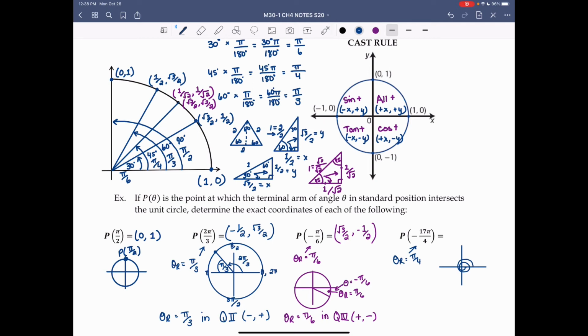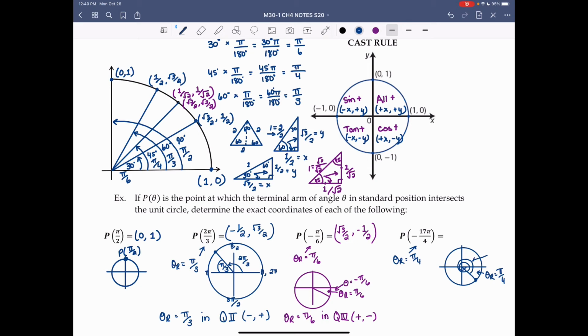And then we just need to go 1 more pi over 4, and that would be negative 17 pi over 4. So we're going 1 more pi over 4, which brings us to halfway between these two axes in quadrant 4. Our reference angle, theta r, is pi over 4.